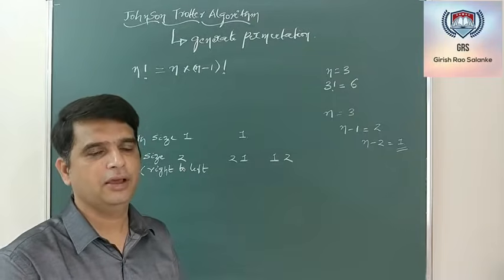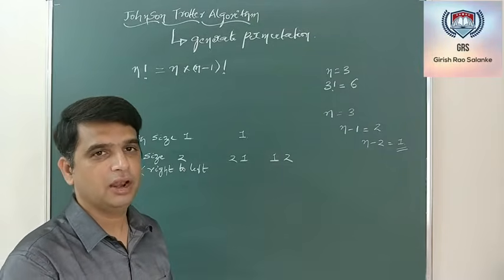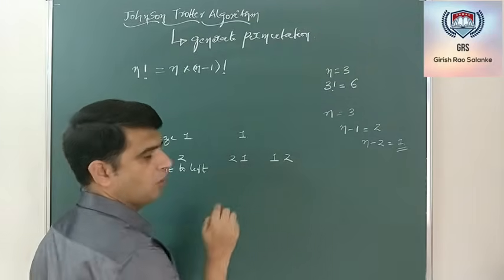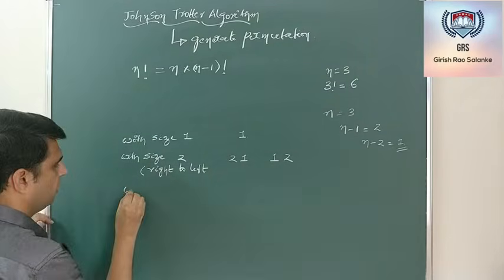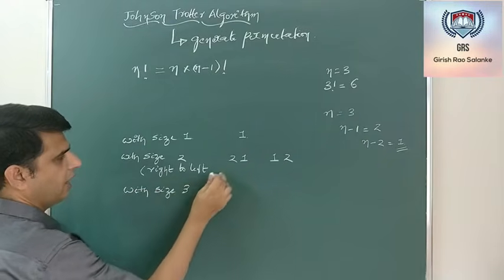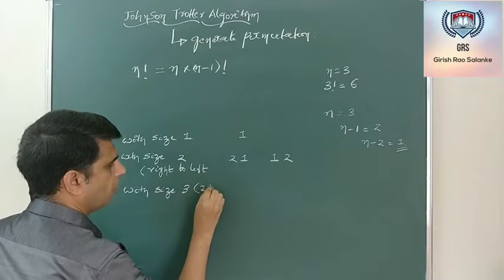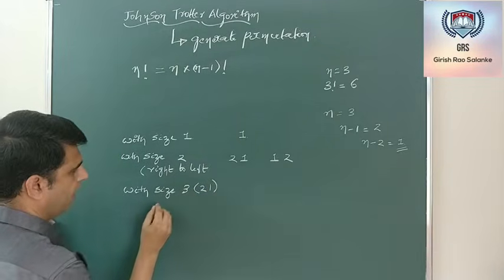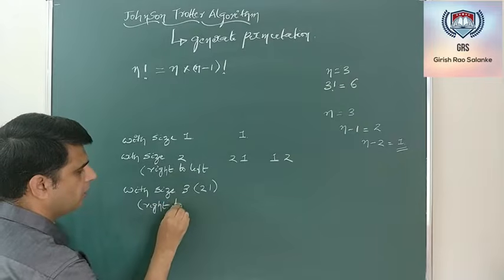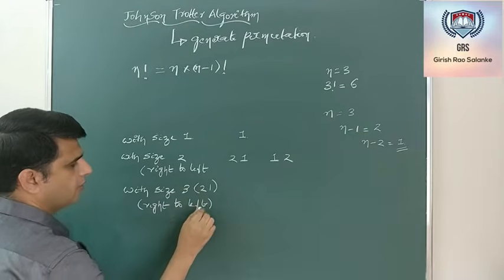Now, I need to find for n is equal to 3. Now, the smaller instances, I have 2 smaller instances. One is 2, 1 and the other one is 1, 2. Now, what I will do with size 3, I will take first 2, 1 and I will try to insert 3 from right to left.